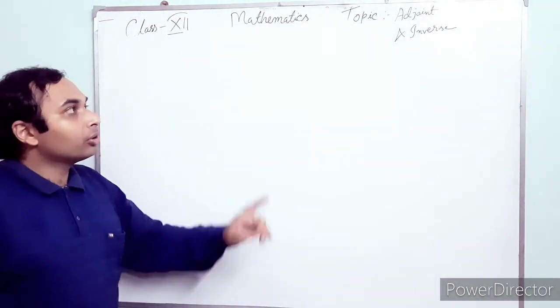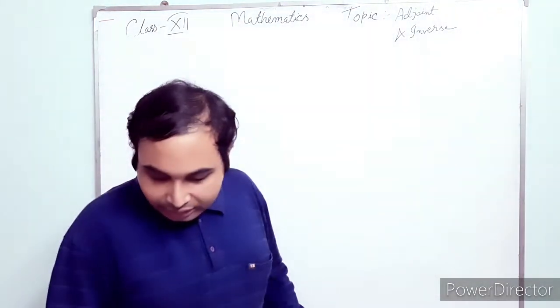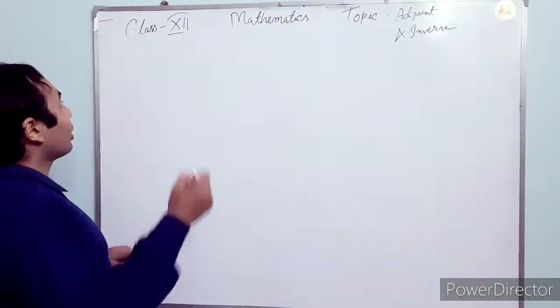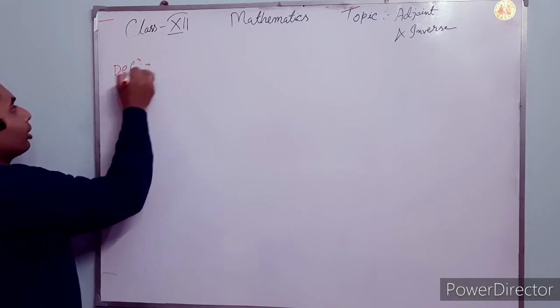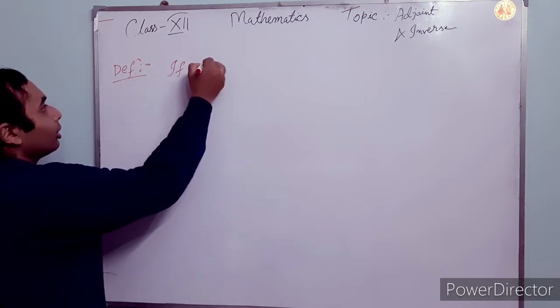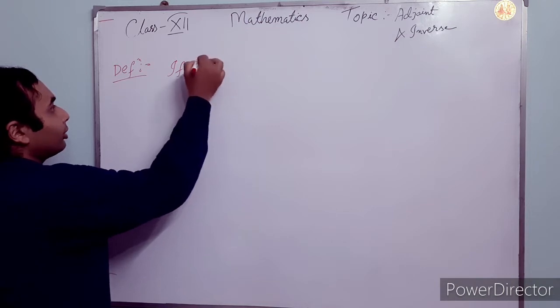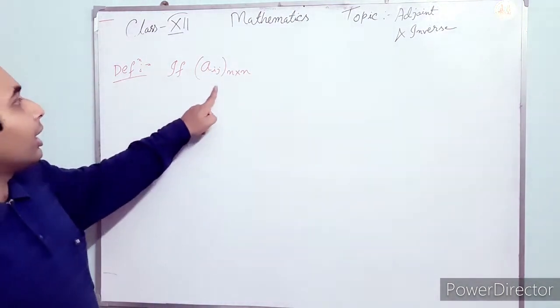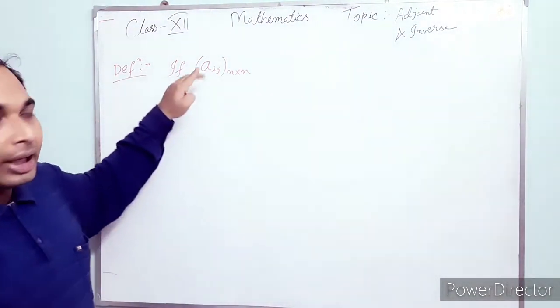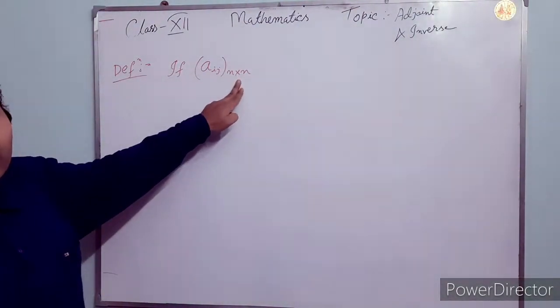So first of all, what is the adjoint? Let us write the definition here. Definition of adjoint: if Aij n cross n, that is A is the square matrix, A is the square matrix of order n.